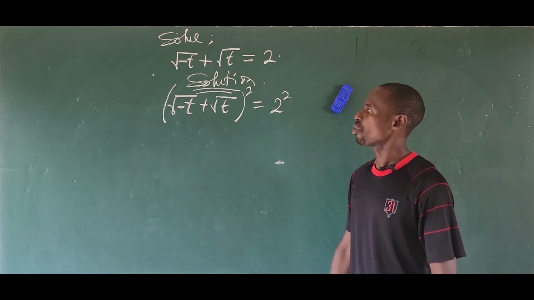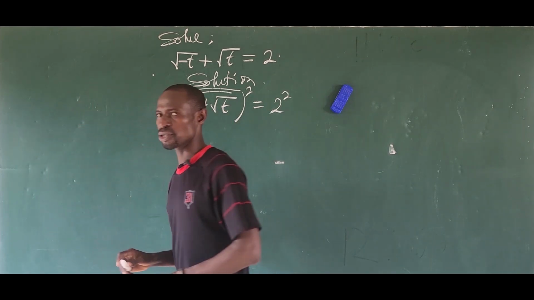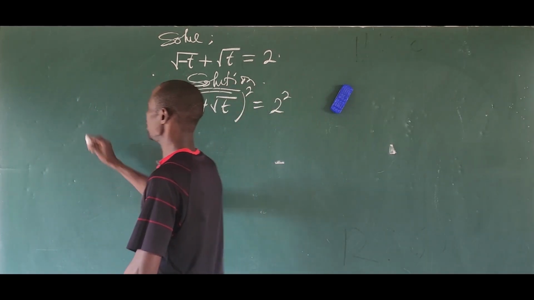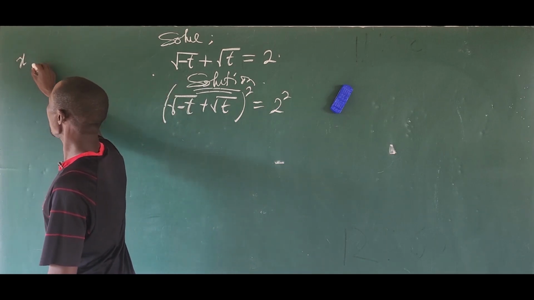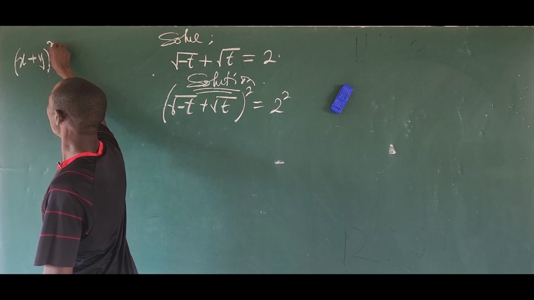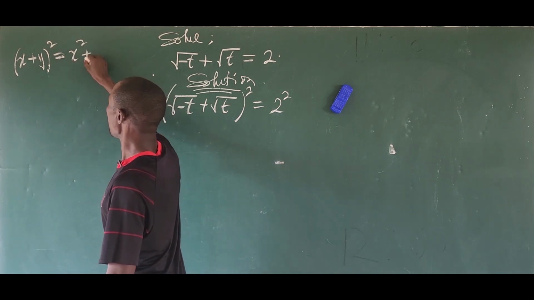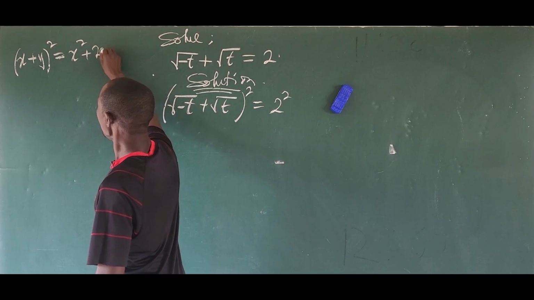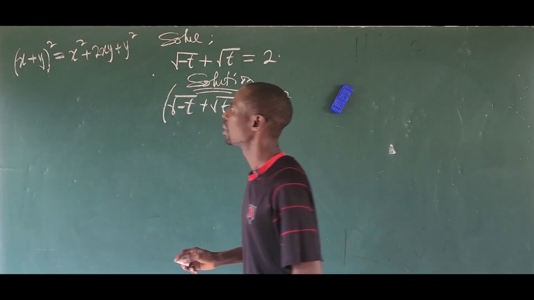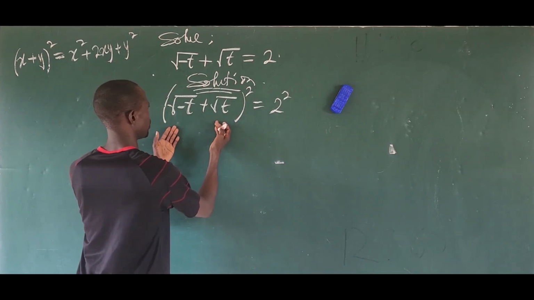So if we open up this expression, remember that if you have x plus y, all raised to power 2, this is equal to x to the power of 2, plus 2xy, plus y to the power of 2. Remember this? Good. So with this, we can rewrite this side of the equation.